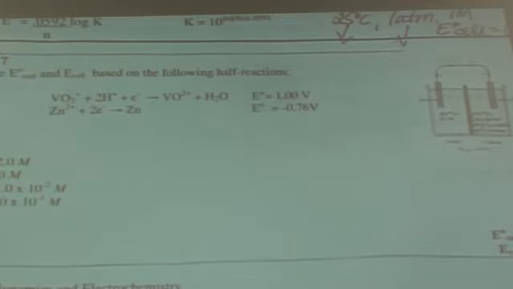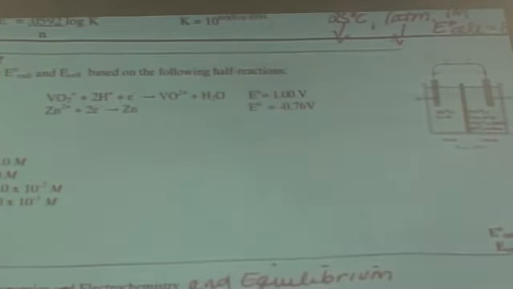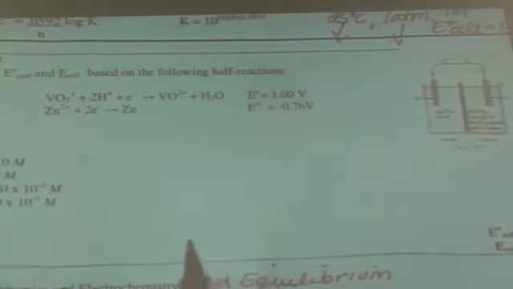All right, now we stopped our fun parade yesterday right at thermodynamics and electrochemistry. It's thermodynamics, electrochemistry, and equilibrium. I'm going to now marry these all together, because you need to.